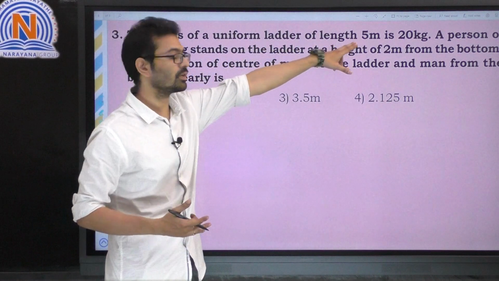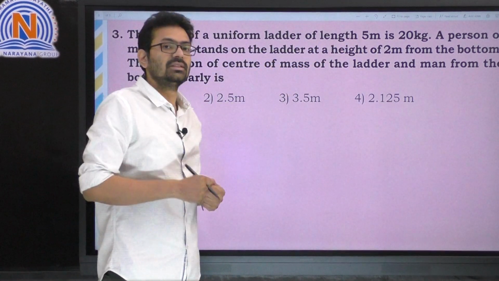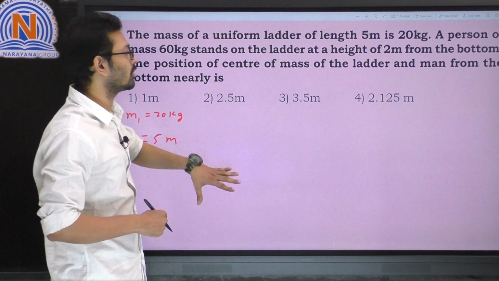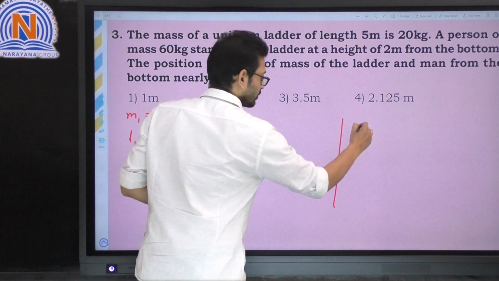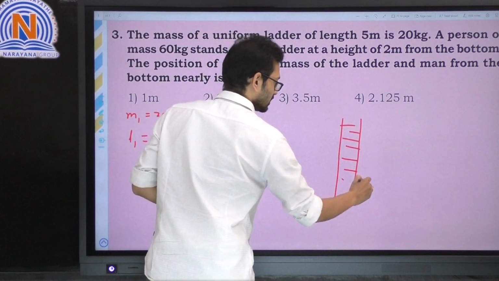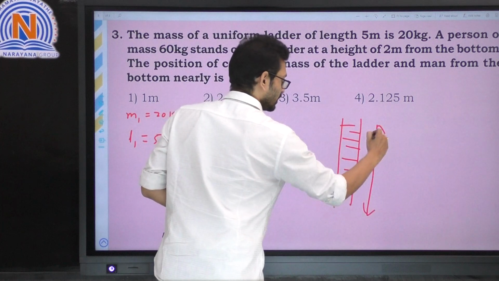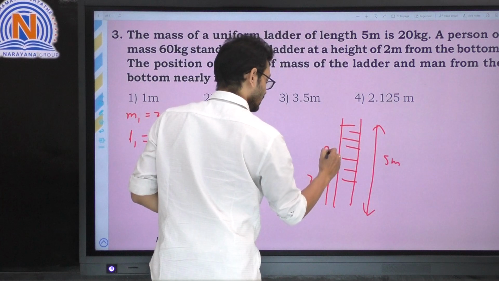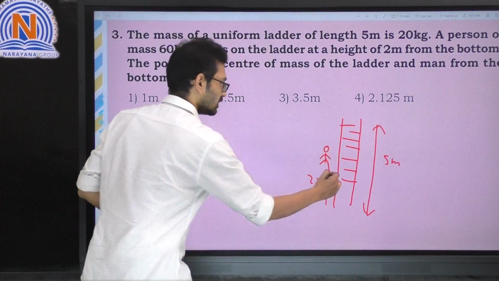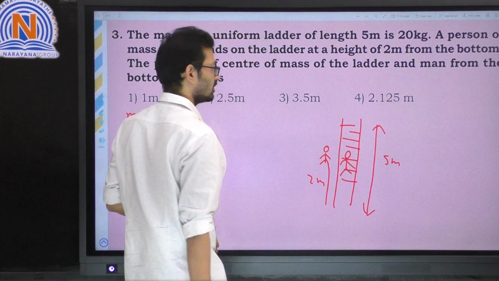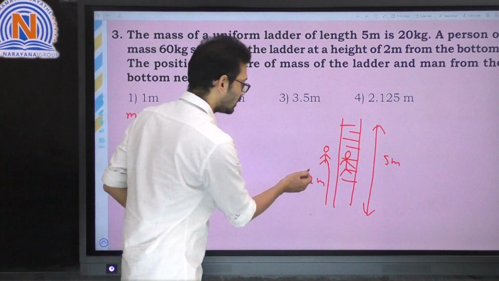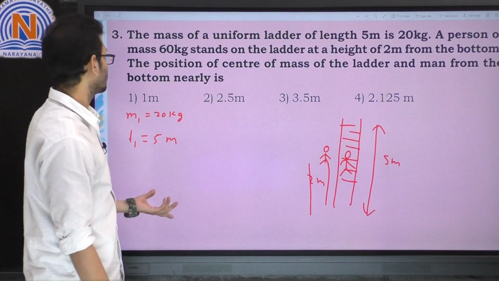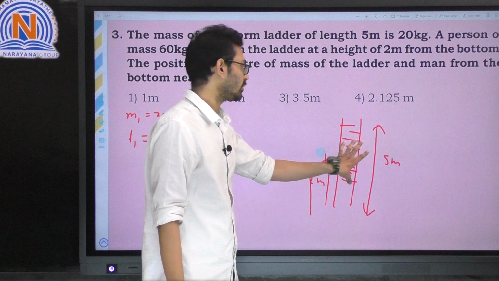See, the ladder is 5 meters in total, but he is only standing at the height of 2 meters. He is standing here, from the bottom. The position of the center of mass of the ladder and the man from the bottom is asked.